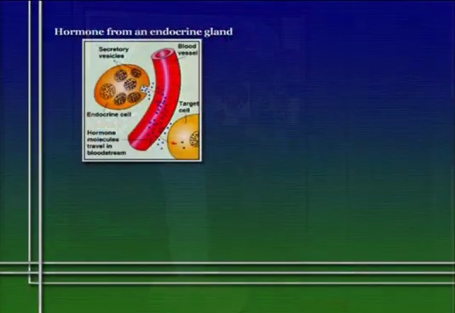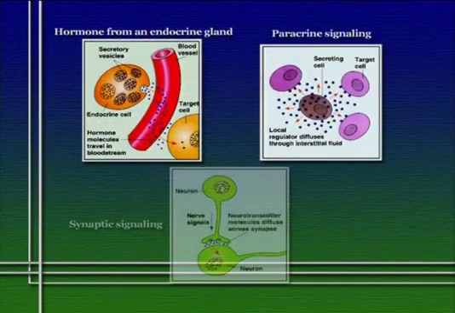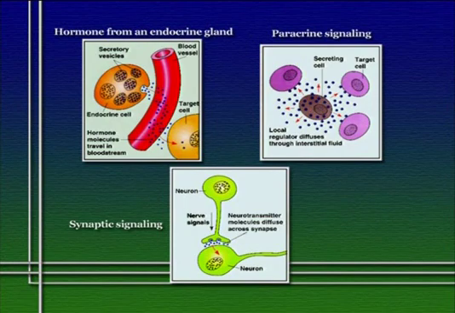Now, one last general point that I want to make about chemical signaling is that although I've talked about hormones and local regulators and neurotransmitters as separate classes of chemical signaling mechanisms, the lines separating these categories really aren't very distinct.